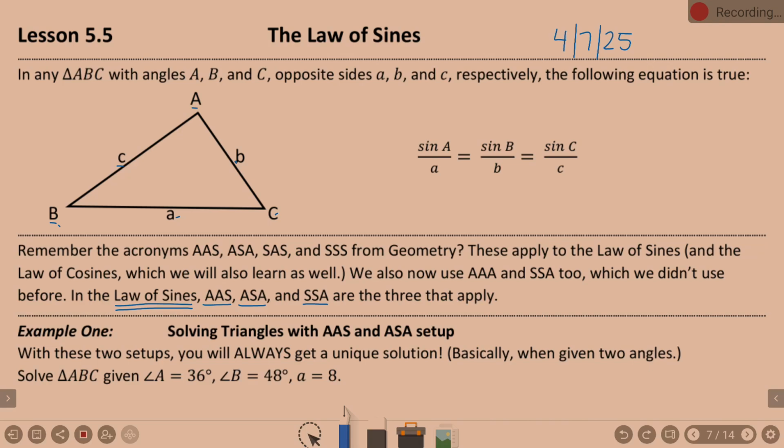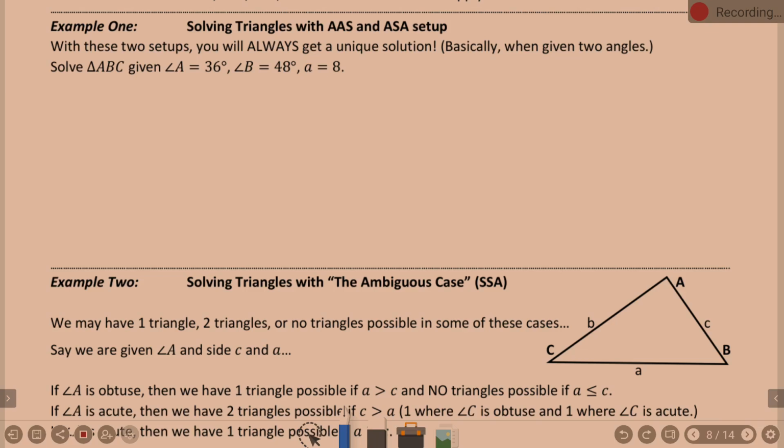We can use law of sines. Law of sines will apply. So let's look at example 1, the easiest way to get us in here. Example 1 talks about solving triangles that have either an angle, angle, side setup or an angle, side, angle setup. So basically we're looking at examples where two angles are provided.